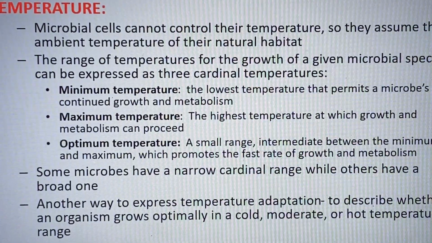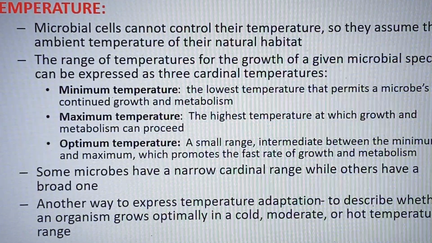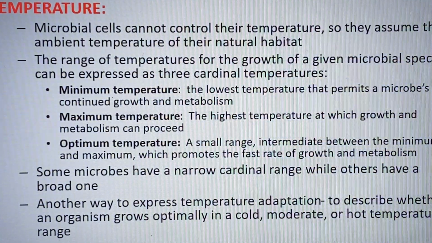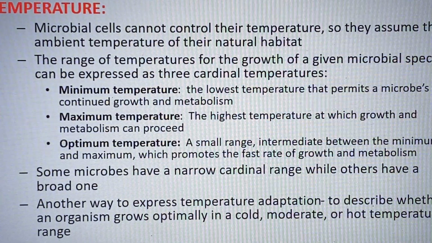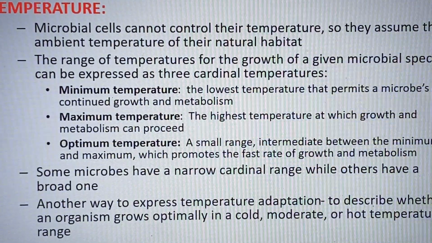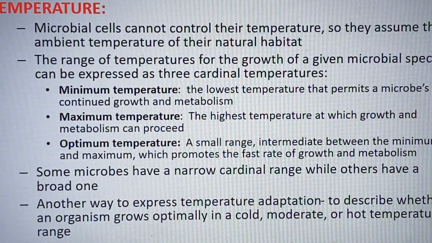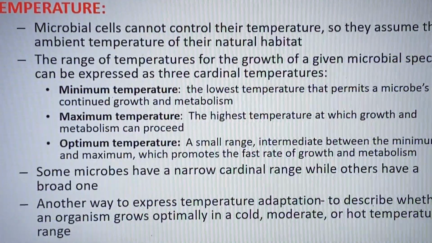So each bacterial species has an optimum temperature where it loves that temperature, and this is where it's going to grow the fastest and where it's going to be happiest. And guess what? Surprise, surprise, most bacteria that are human pathogens, their optimum temperature is our body temperature. So about 98.6 degrees Fahrenheit or 37 degrees Celsius.